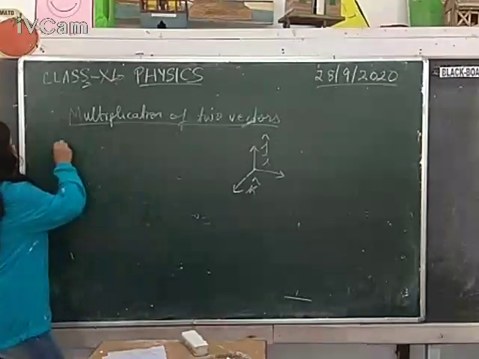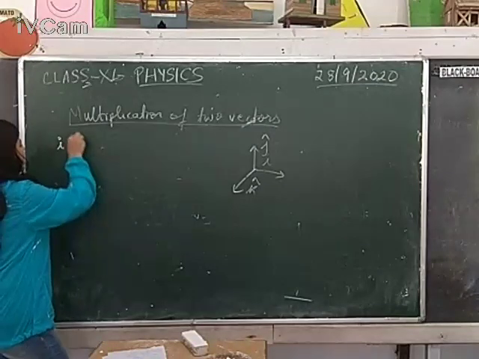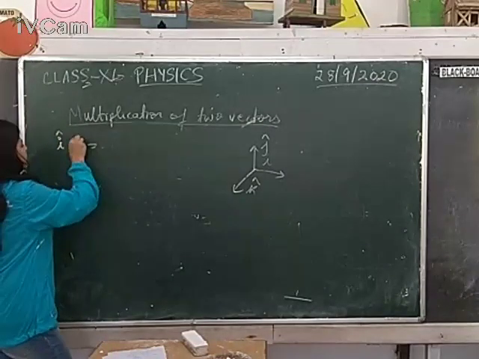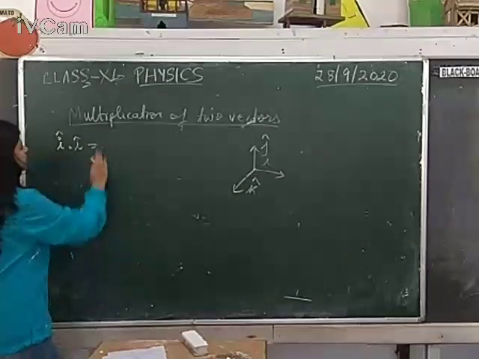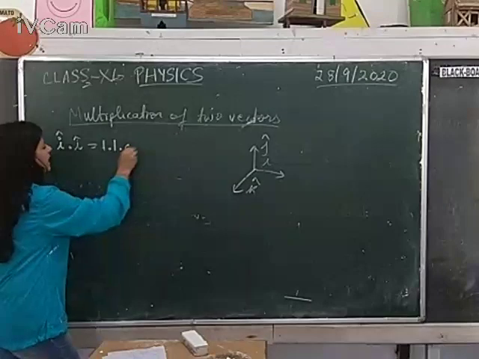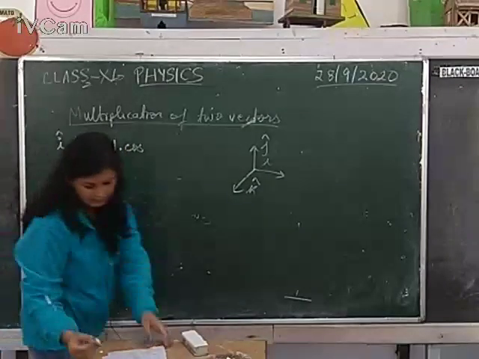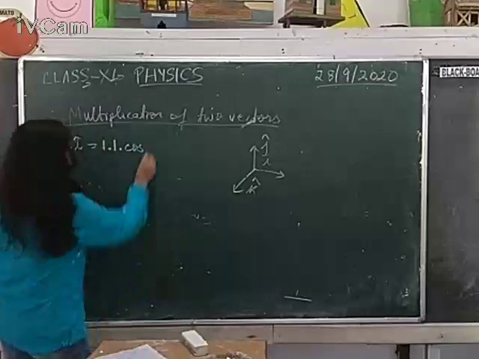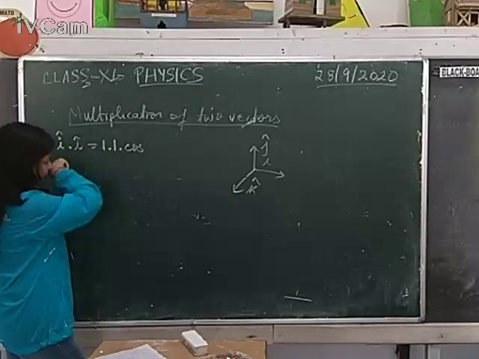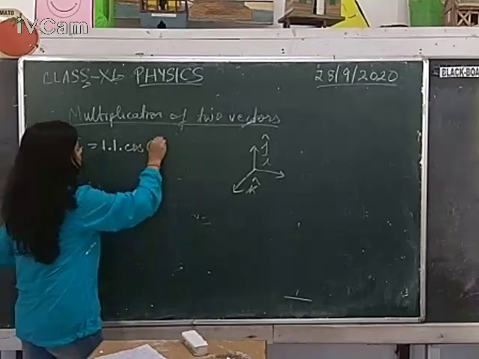So firstly, we will see what will be equal to i dot i. Two vectors in the same direction, okay. It will be the product of the magnitudes and the cosine of the angle between them. The angle between two vectors in the same direction is equal to 0 degrees.